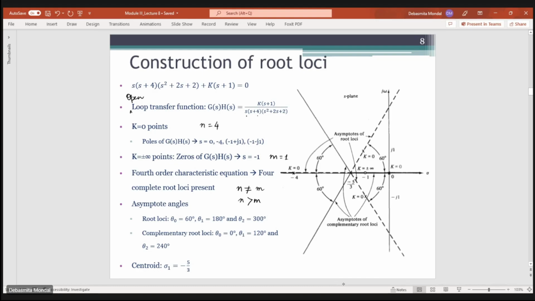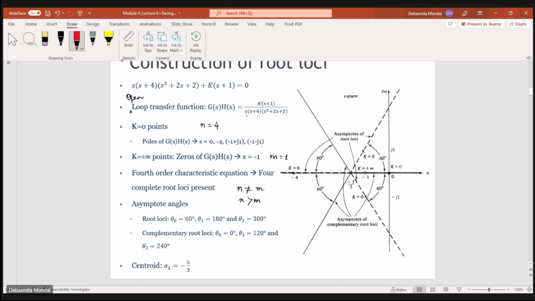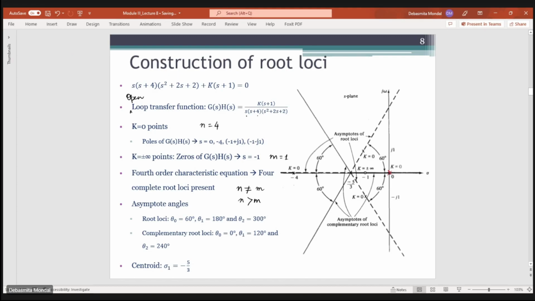You have one pole at 0, another pole at minus 4, and some other poles. So this is one pole, and this is another pole. There is one complex pole over here, another complex pole over here. So you have 4 poles and you have 1 zero. That zero is lying over here.